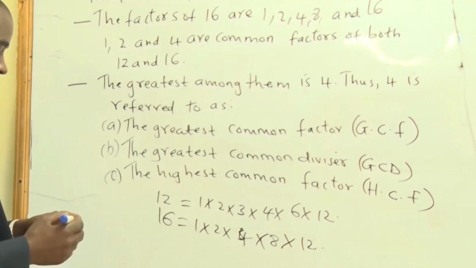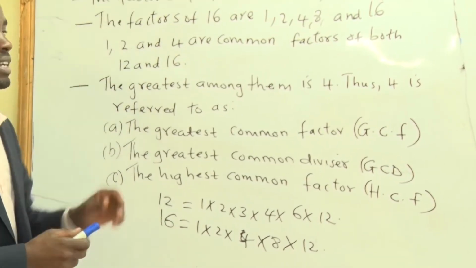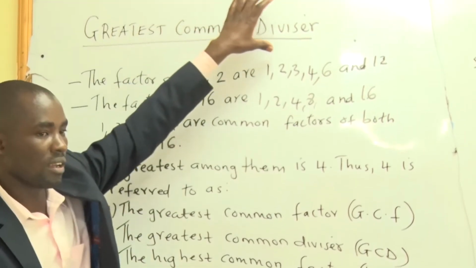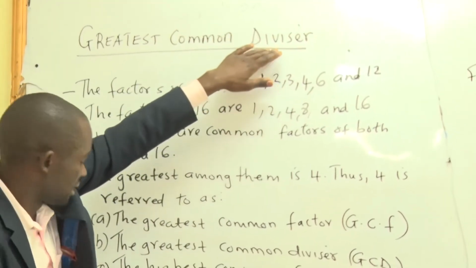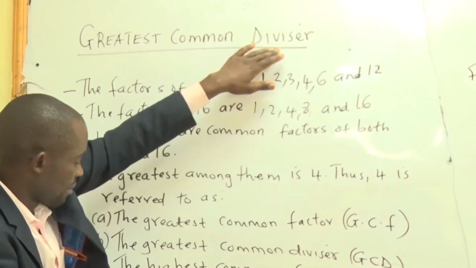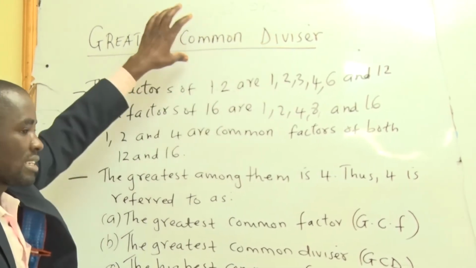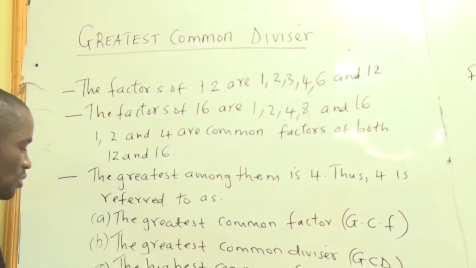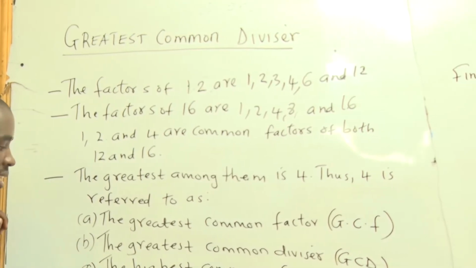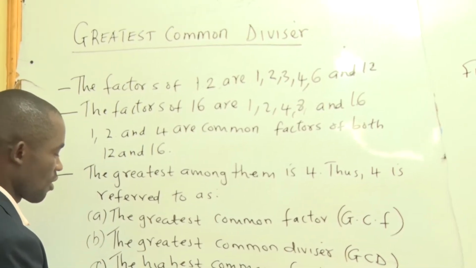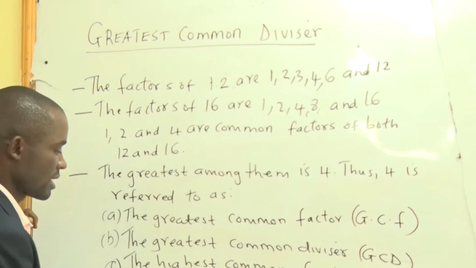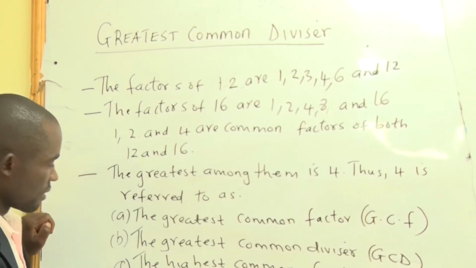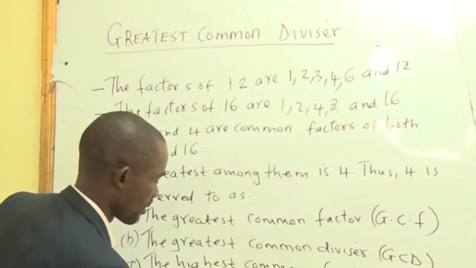If you want to get the greatest common divisor, from the words greatest, common, and divisor, we are looking for a common number that will divide the two numbers, and that number should be the greatest. So from the factors, you need to look at the numbers which are common in both cases. 1 is common in both cases, 2 is also common, and 4 is also common.